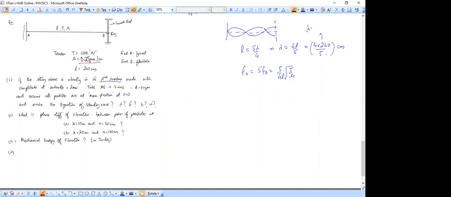So lambda is becoming how much? 48 into 4. Okay.